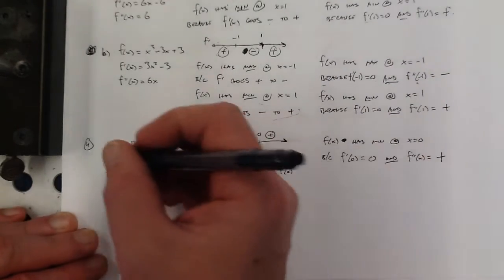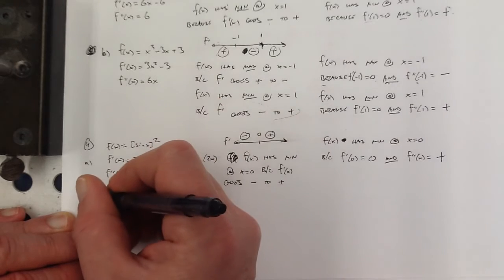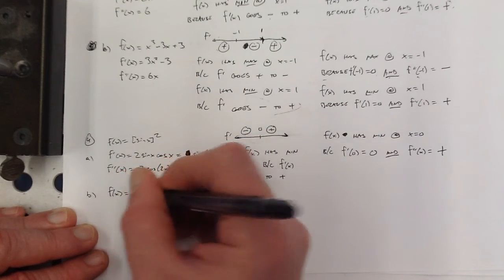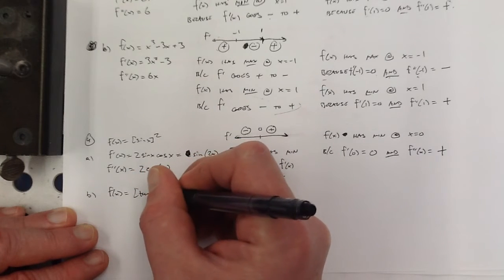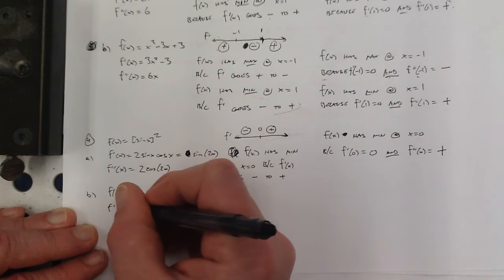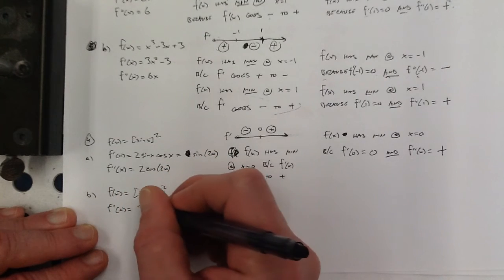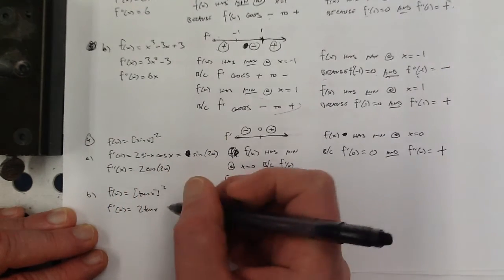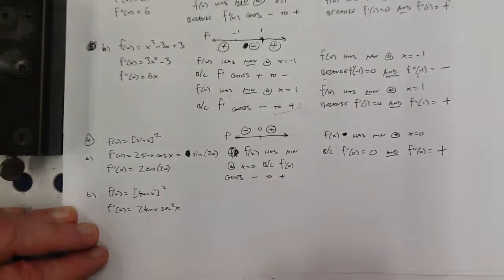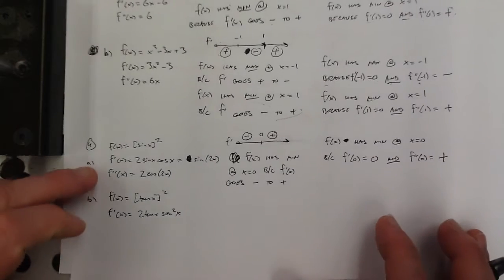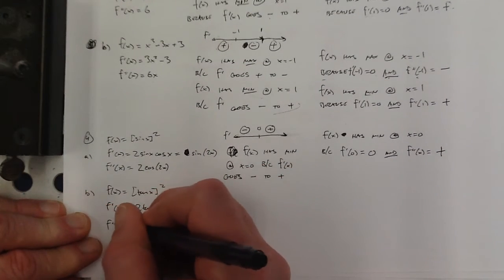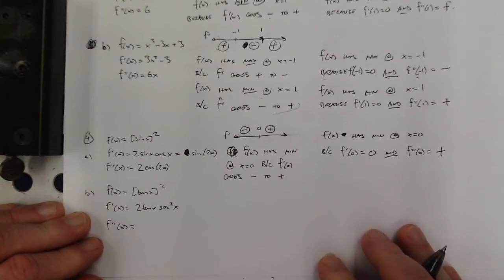Okay, that was part A. Part B, they want the same thing done for f of x equals tangent of x squared. f prime of x would therefore be 2 tangent x times the derivative of what's inside. That's secant squared x. Well, I don't think there are any trig identities going to help me here.